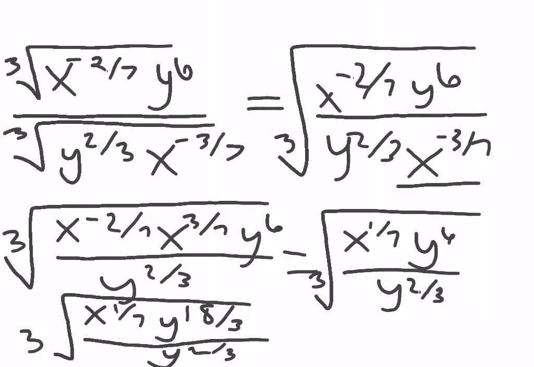And so I need to go ahead and look at this term and simplify that. So I have 18/3 over 2/3. That, when I simplify it, is, well, I have 18/3 minus 2/3 gives me 16/3.